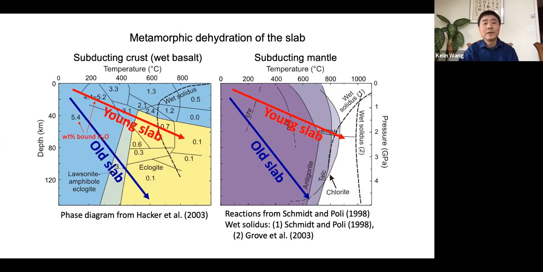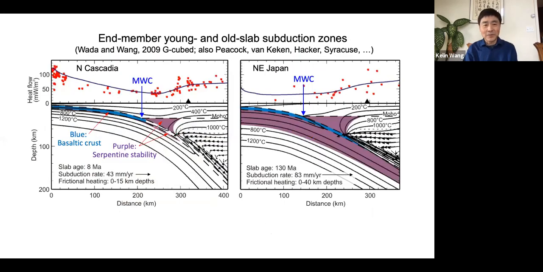To appreciate the difference between young and old, warm and cold slabs in the thermal and dehydration process, let's look at our most familiar end members of subduction zones: the young slab end member Cascadia and the old slab end member Japan Trench.